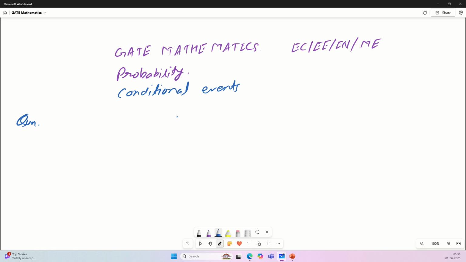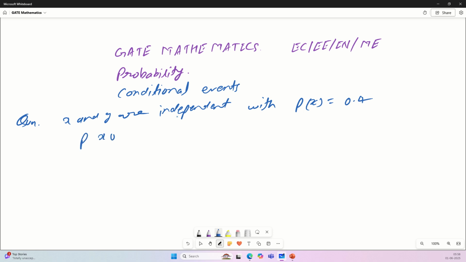We have two independent events X and Y, with probability of X given as 0.4 and probability of X union Y complement given as 0.7.